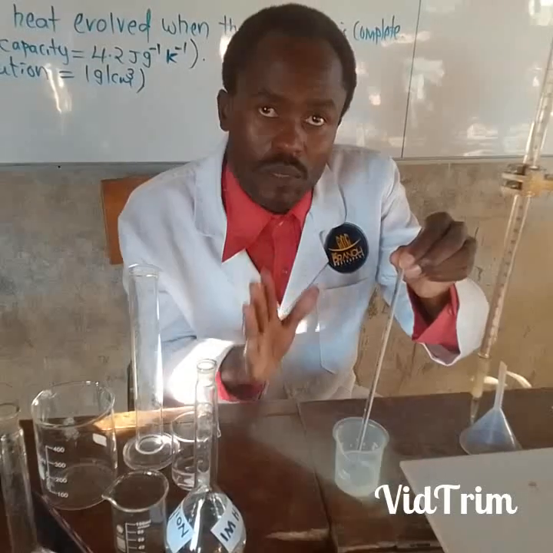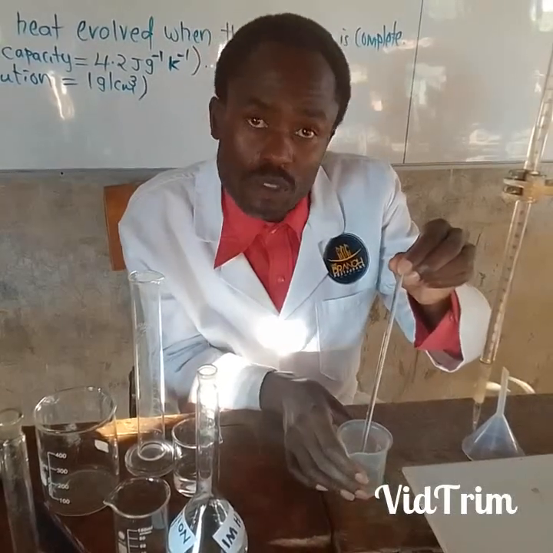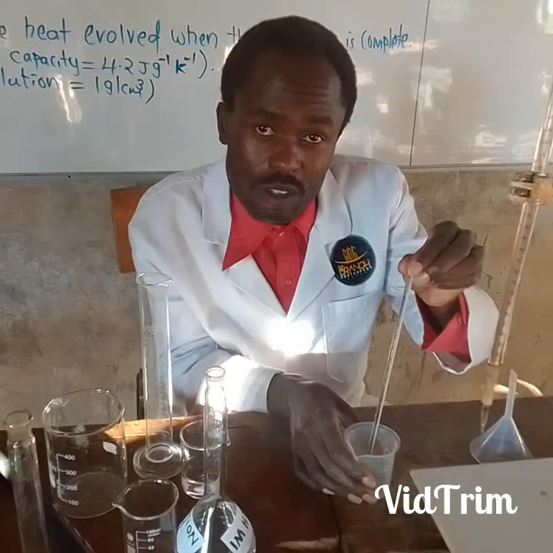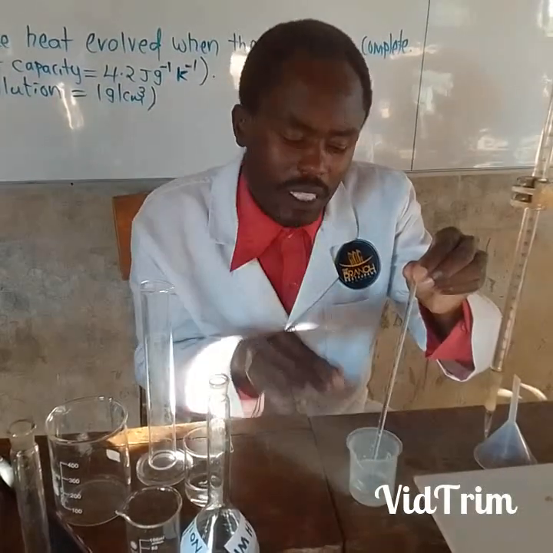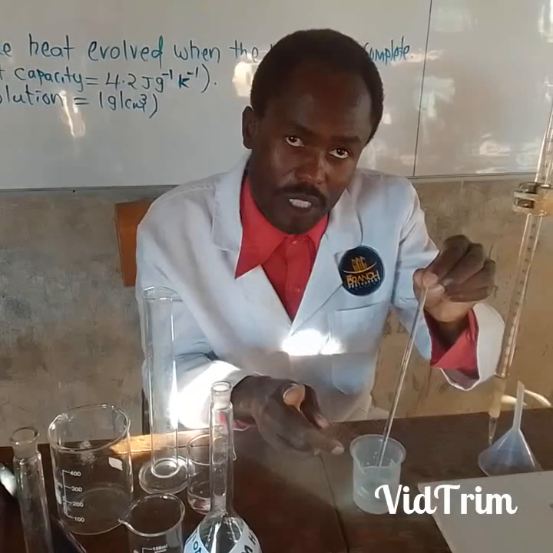And please don't make a mistake of removing the thermometer from this solution. That is wrong. The thermometer must remain in this solution until all the experiments are over. Is it okay, my student?